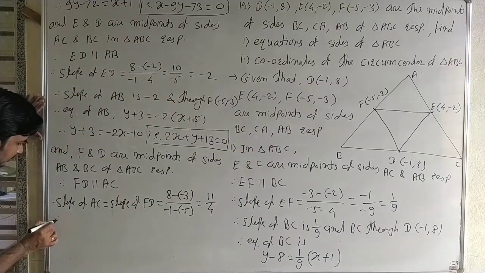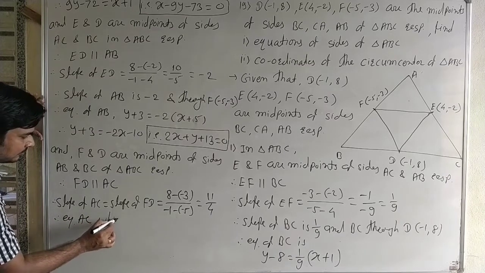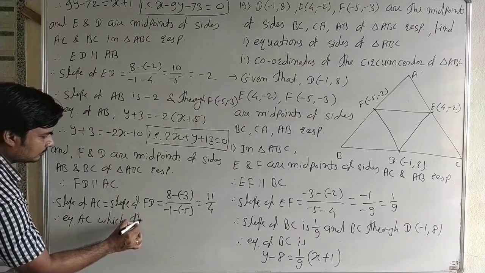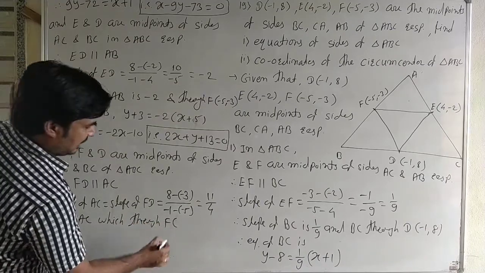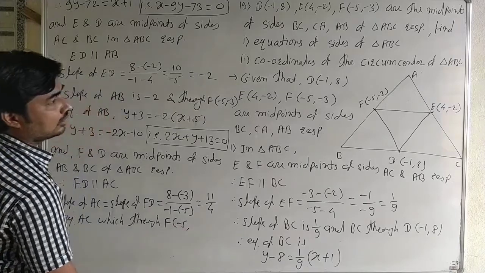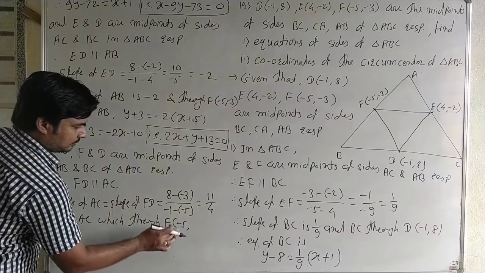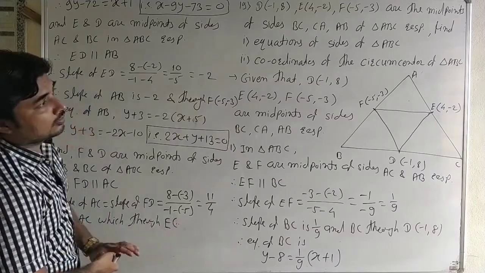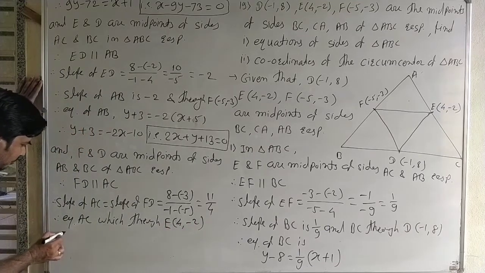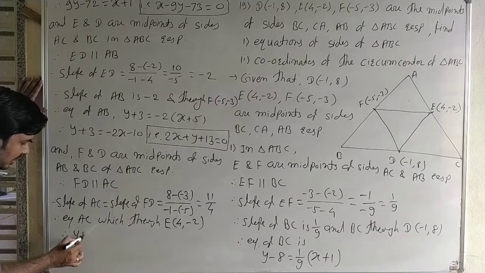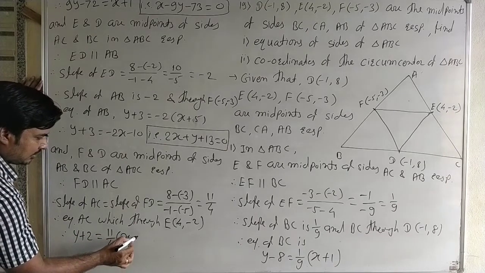Sorry, we want to find the equation of AC which passes through point E, which is 4 comma minus 2. Now the equation of AC: y minus y1, that is y plus 2, is equal to 11 upon 4, the slope, into x minus x1.